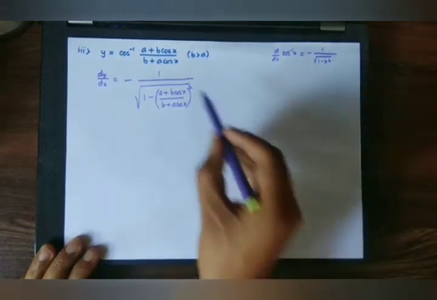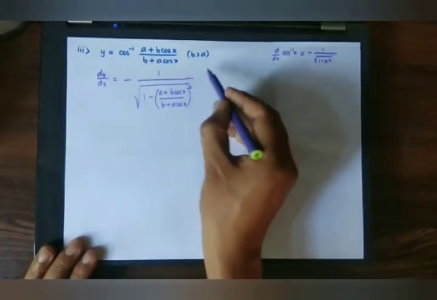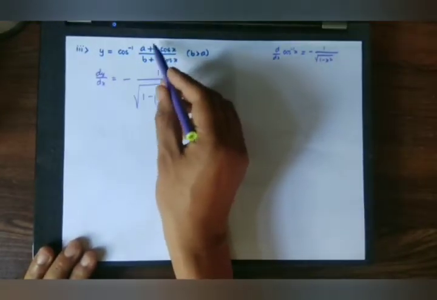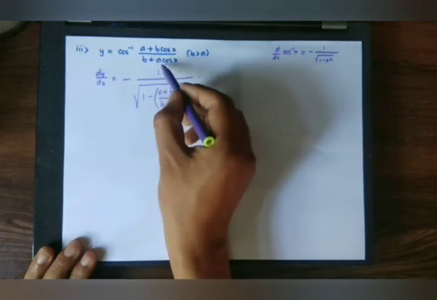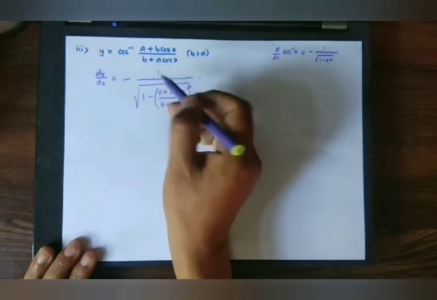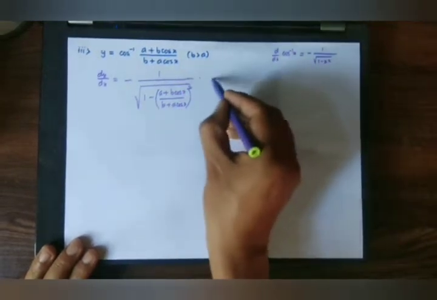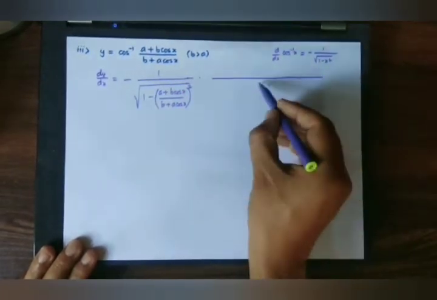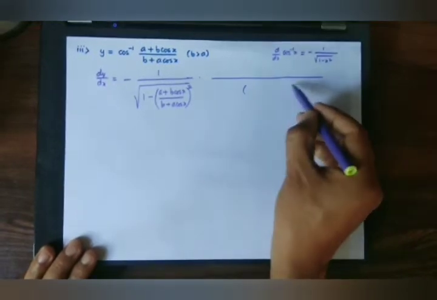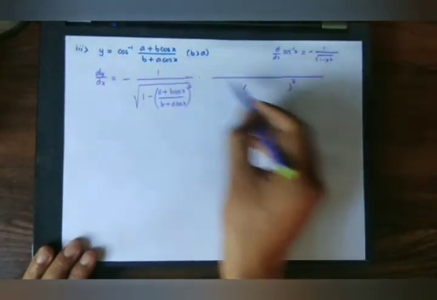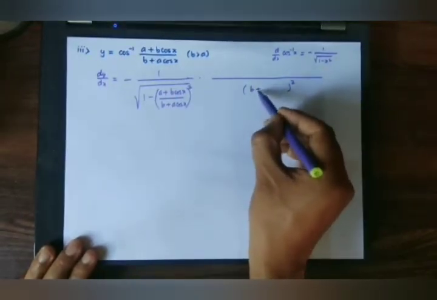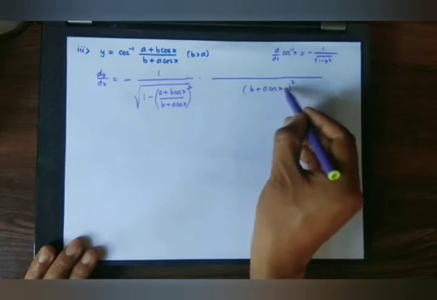So this is about your cos inverse. Now let us move inside. Inside we have got an f by g format. Whenever we have f by g, we need to first write the square of the denominator in the denominator, that is (b plus a cos x) whole square.